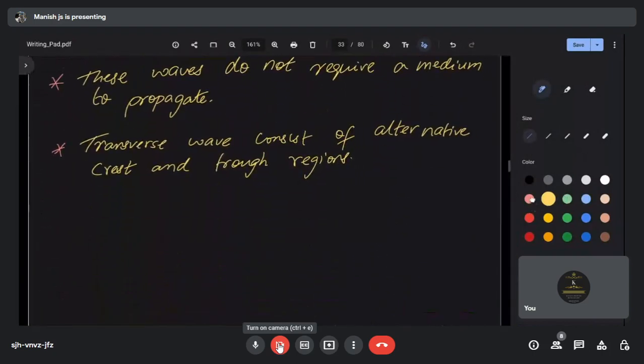Finally, examples. Can you give me examples of transverse waves? Light waves. Yes.